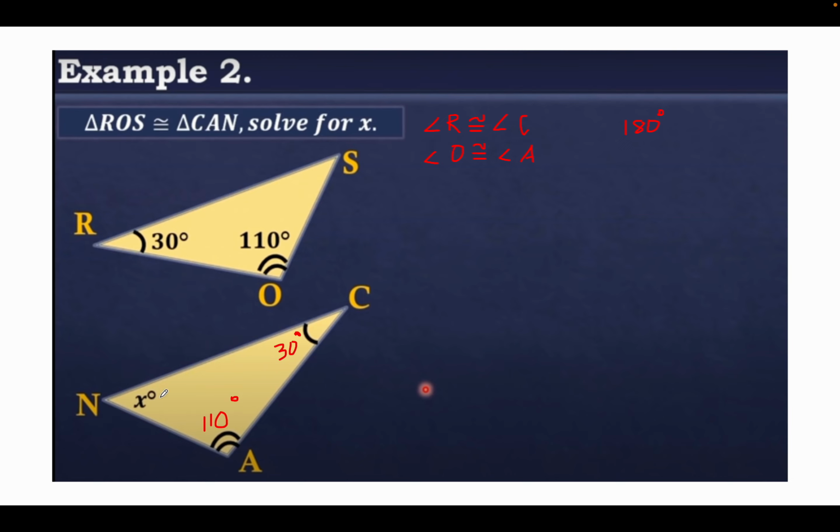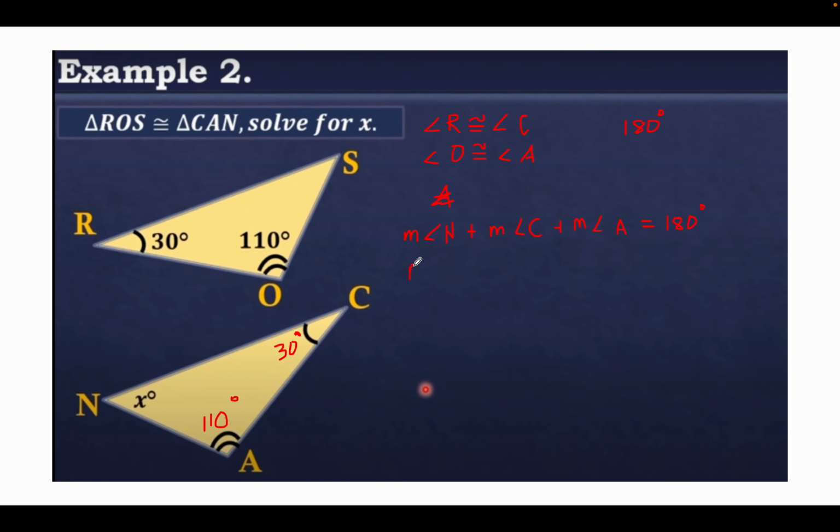So, since we are looking for the measure of angle N, that means we have here the measure of angle N plus the measure of angle C plus the measure of angle A, kapag inadd natin yung tatlo na yan, be equal to 180 degrees.